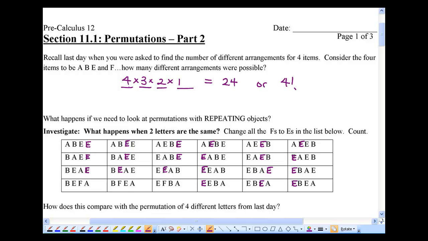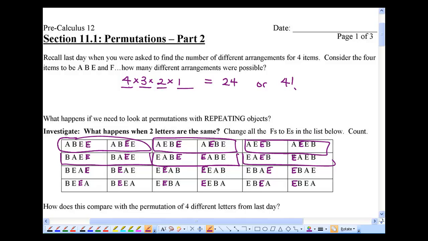Got an answer yet while I keep doing this? I guess you should do it in your notes too. These seem to be the same, right? Same. Same. I think you get the idea, eh?